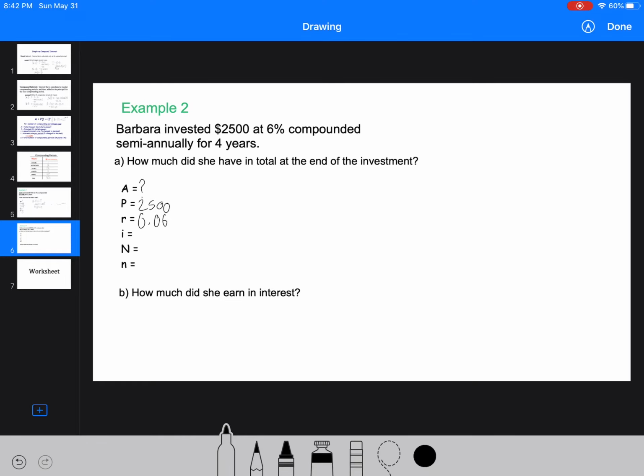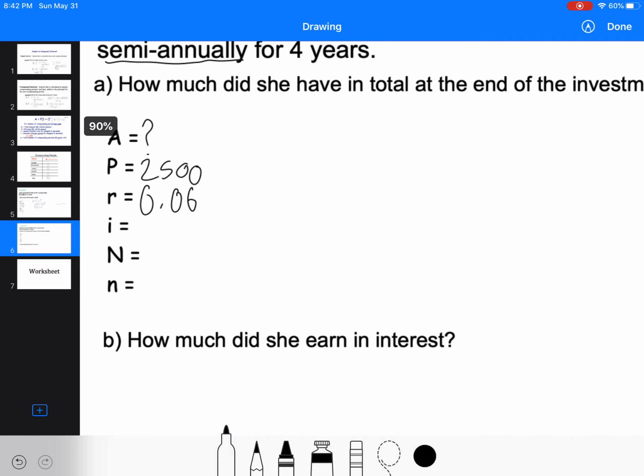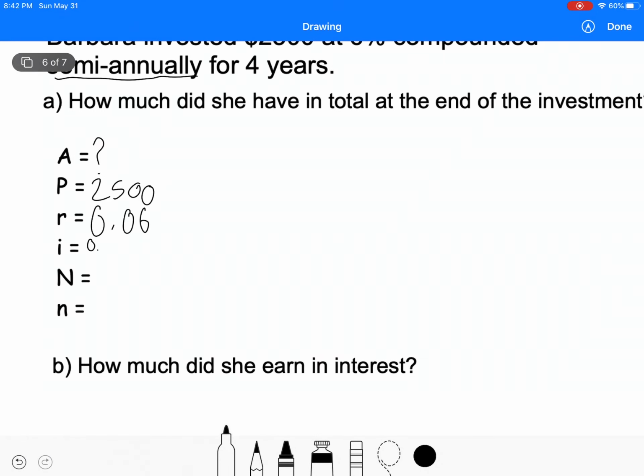Now we're compounding it semi-annually. So that means 2 times. Well, that's going to change our I value this time. So we're going to have 0.06 divided by 2. So that's going to be 0.03. And our N, we just said, was 2. So that means our years is 4 times 2, which is 8.